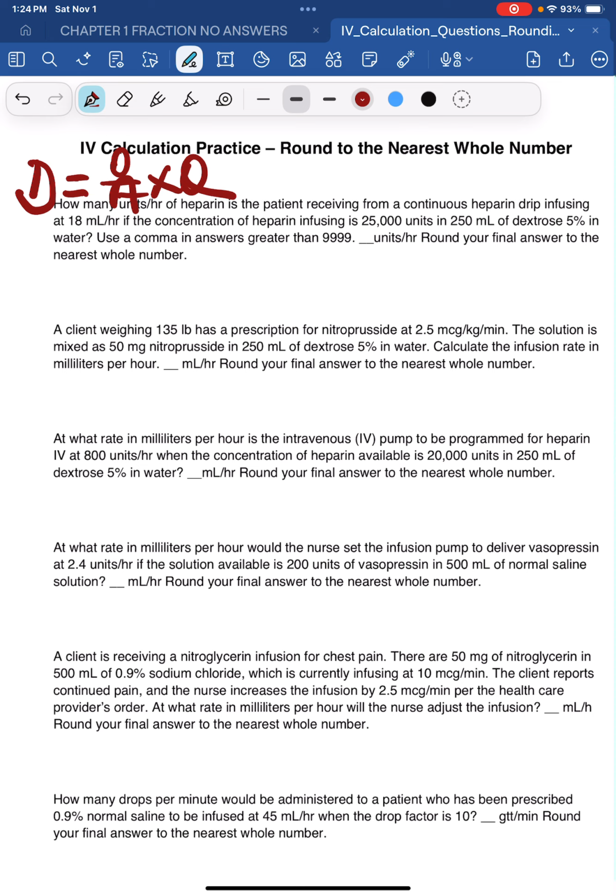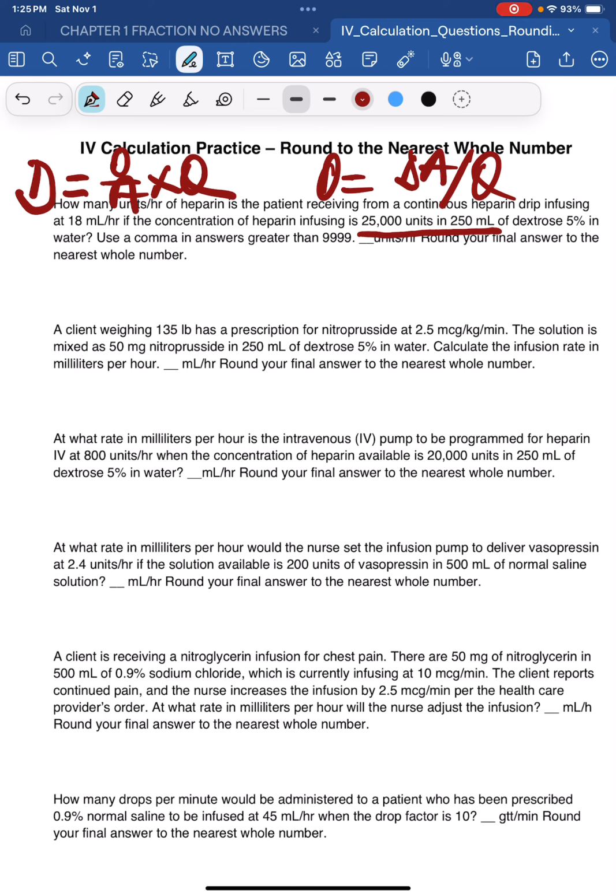And your available and quantity go together. You see that? 25,000 units in 250. This is the concentration that goes together. So your order equals dosage times available divided by quantity. In case you don't remember, your dosage equals order times quantity divided by available, but your order will be dosage times available divided by quantity.